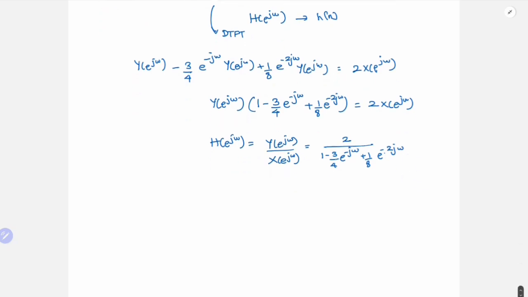This denominator I can factorize. I'll write it as 1 minus 1 by 2 e power minus j omega into 1 minus 1 by 4 e power minus j omega.